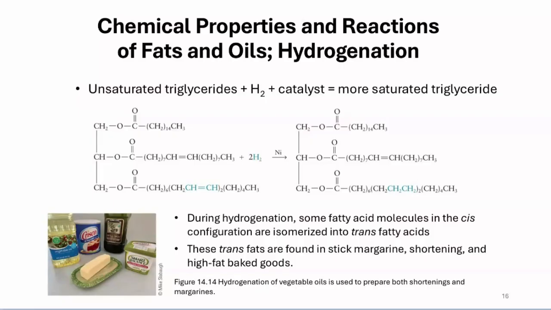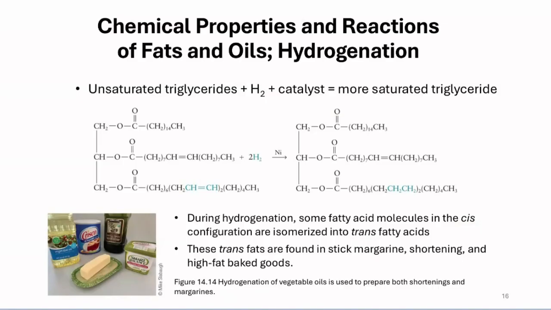In the food products that you may consume, if you use products that say partially hydrogenated oils, then this is the reaction that is occurring. One of the problems with this reaction is that one of the side products is the conversion of cis fats into trans fat. These trans fat at times could be found in products like margarine, shortening, or even high-fat baked goods.